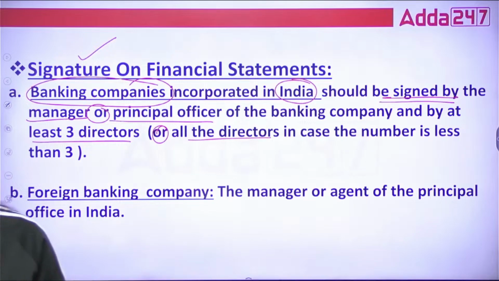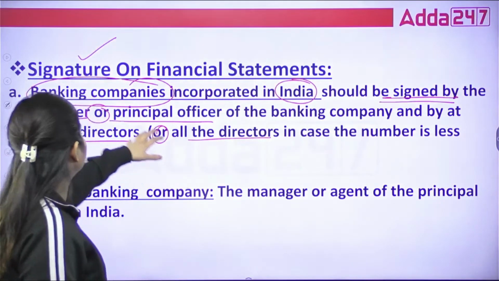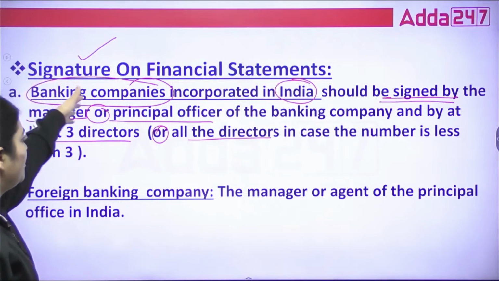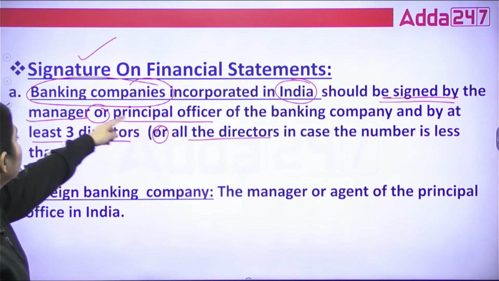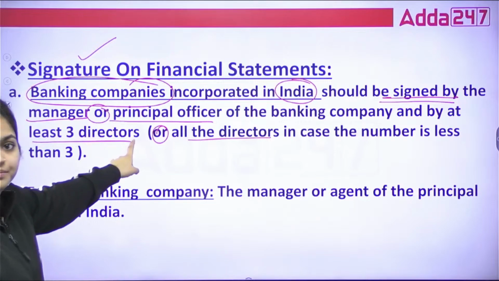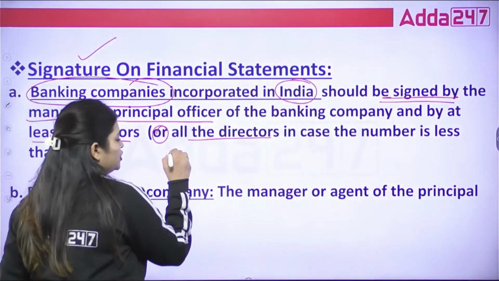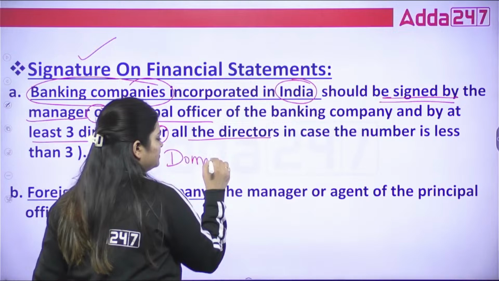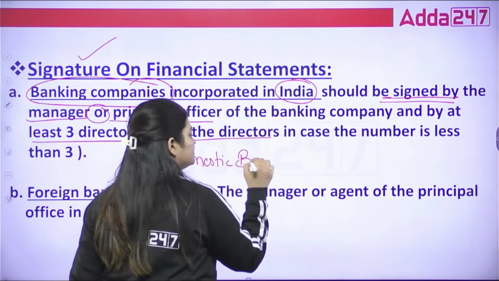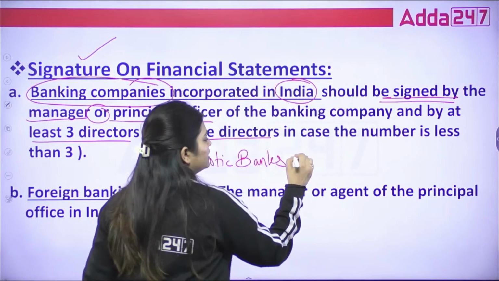So what is the requirement? In case of Indian bank, they need to sign: manager or principal officer and at least 3 directors. For domestic banks, what do they require?